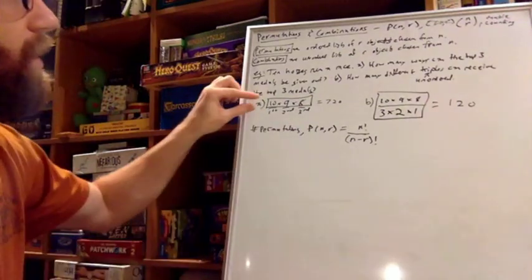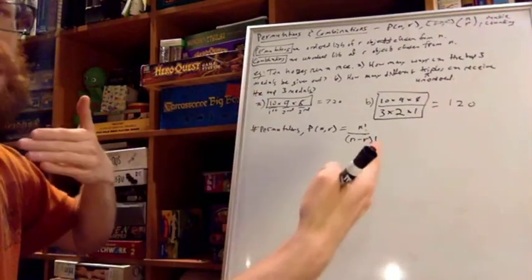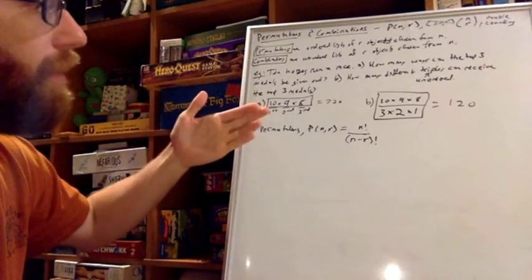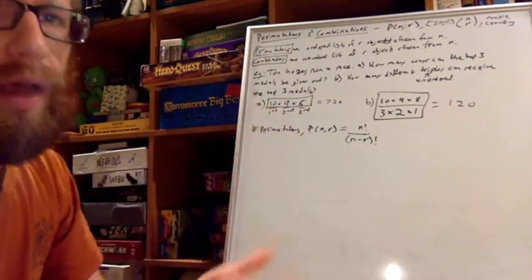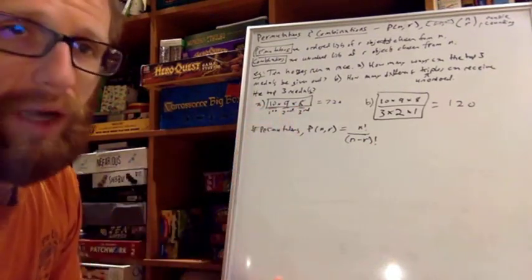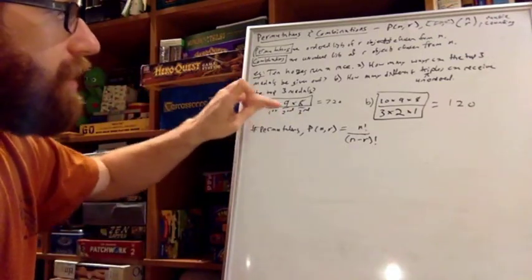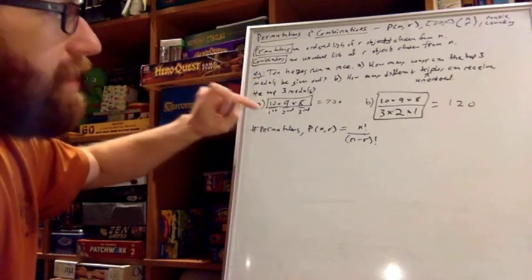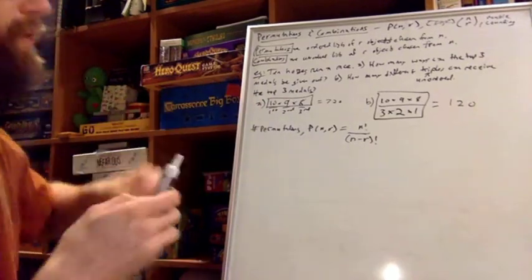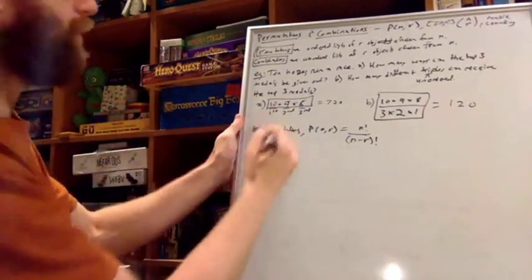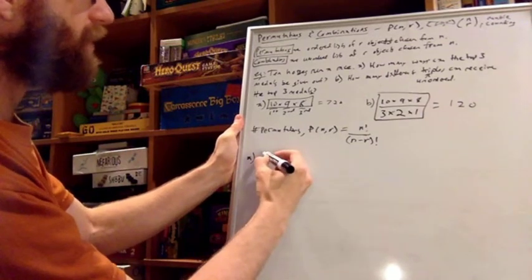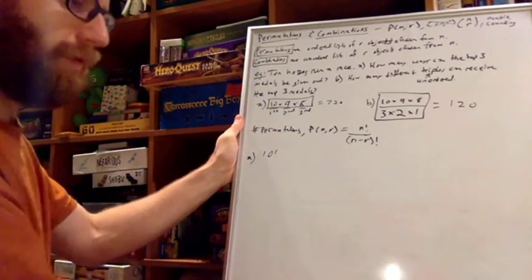So the number of ways for all 10 horses to finish is going to be 10 factorial, but then I divide out by the horses that I don't care about, namely the other 7. So where this is 10 times 9 times 8, this is actually 10 factorial over 7 factorial. So let's just check that. So for part A again, this is 10 factorial. Well, let me write it.